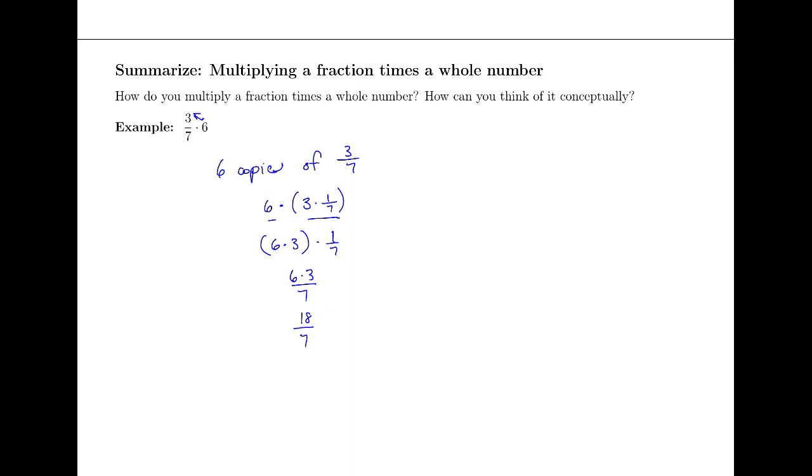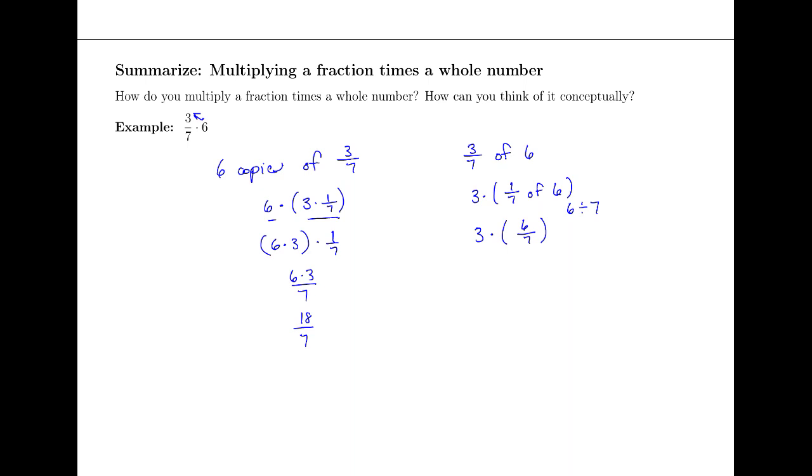You could also think of this as 3/7 of a 6, which is the same as 3 copies of 1/7 of 6, which is the same as 3 copies of, well, 1/7 of 6 is 6/7. We saw that before, that 1/7 of 6 is the same as 6 divided by 7, and 6 divided by 7 is 6/7.